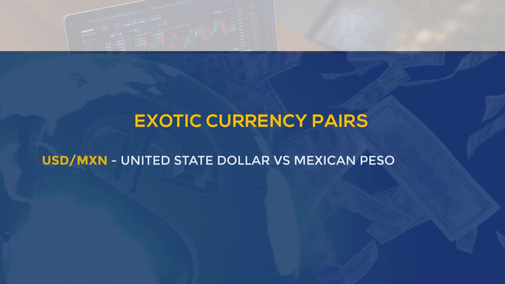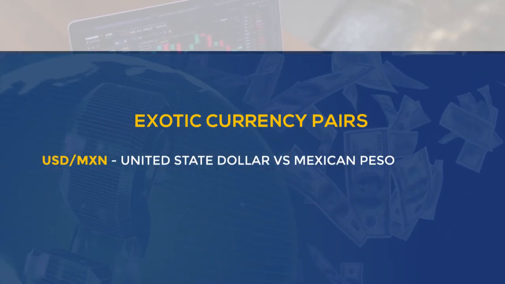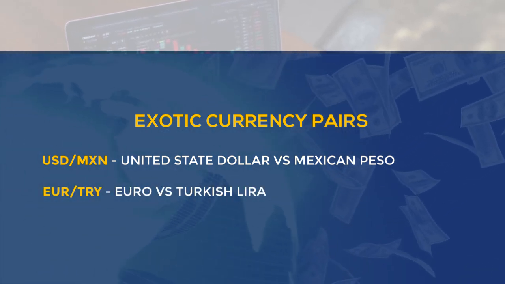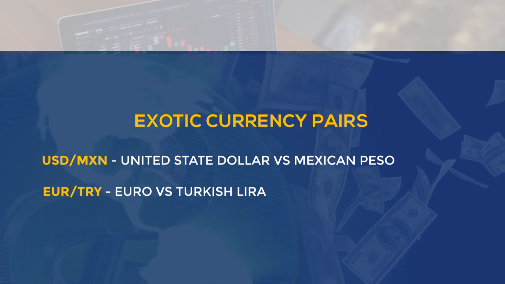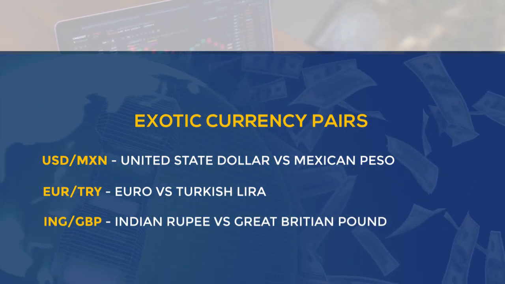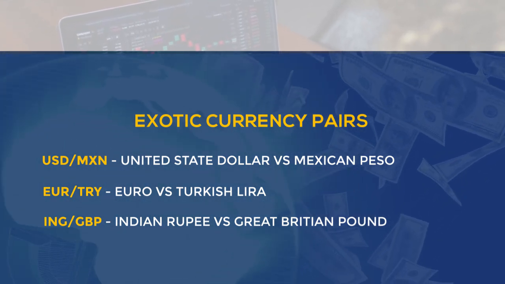These are USD MXN, the United States dollar versus the Mexican peso. Then we have EUR TRY, the euro versus the Turkish lira. Then we have INR GBP, the Indian rupee versus the Great Britain pound. So, etc.